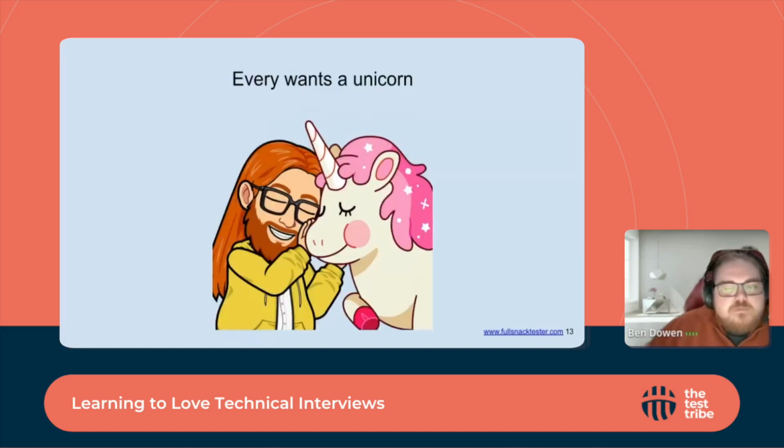And you know what? I don't know how well you relate with this, but at the moment, everyone wants a unicorn. What do I mean by that? I mean that the market has really changed since I started 12 years ago, right?